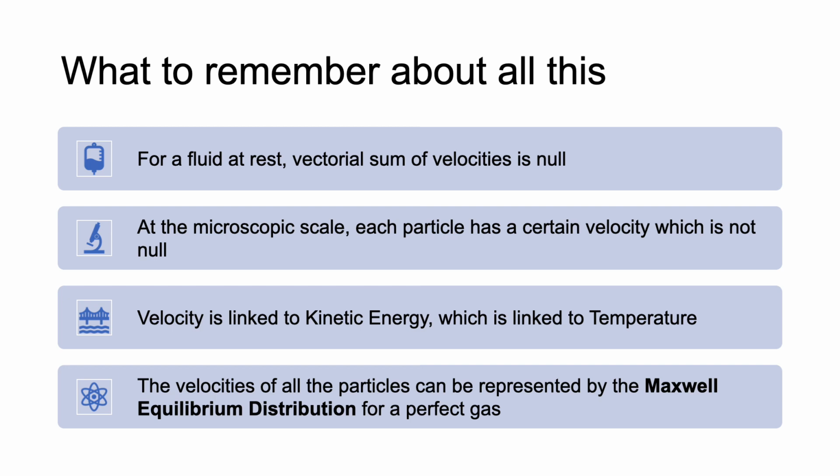Then at the microscopic scale, each particle has a certain velocity which is not null, and this velocity is linked to kinetic energy, which is also linked to temperature. And finally, we can get the velocity from this Maxwell equilibrium distribution for a perfect gas.